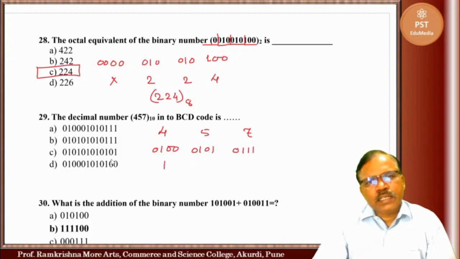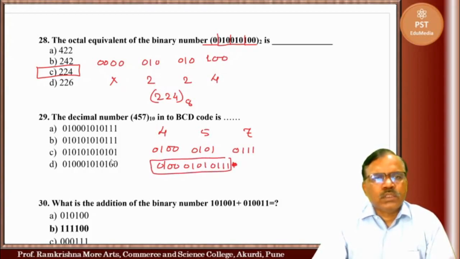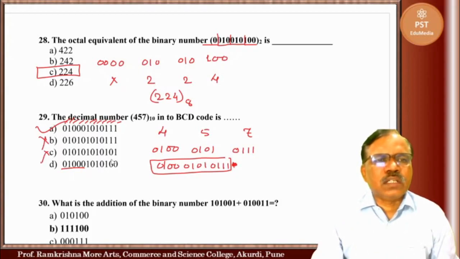So here we get 0100 0101 0111. So first 0, 1, 0, 0, 0, 1, 0, 1, 0, 1, 1, 1. So this first one is correct. First one is correct. This is not correct, this is not correct, this is not correct.